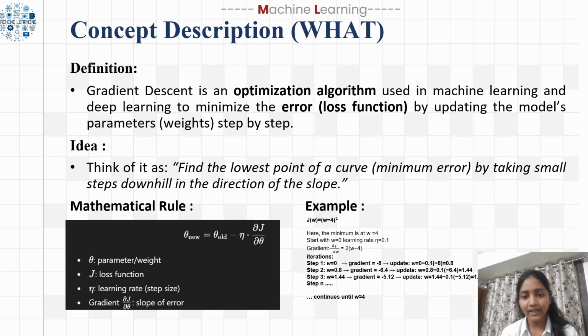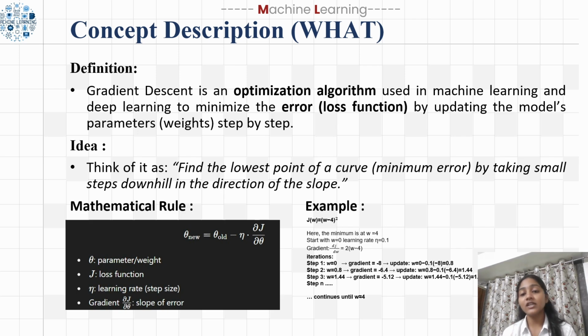Let's take an example and understand how it works. Here we took one error function, the loss function. We are given that w equal to 4 is the minimum; at that point we will have minimum error. We start with 0 and gradually come to 4, and our learning rate is 0.1. First we calculate the derivative: 2 into (w minus 4).